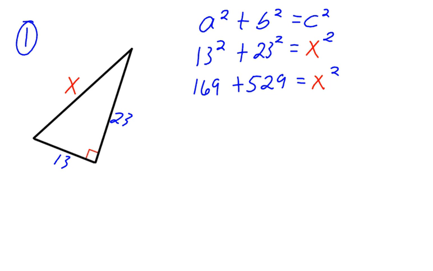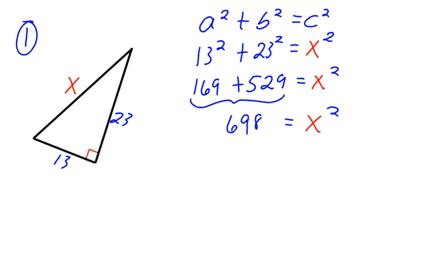So once we square these two side lengths, they're already together. They're already on the same side of our equal sign. So we're just going to add these two together here. All right, so we're going to add 529 plus 169, and I get 698 equals x squared.